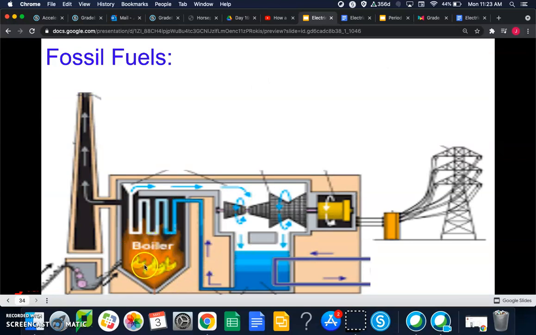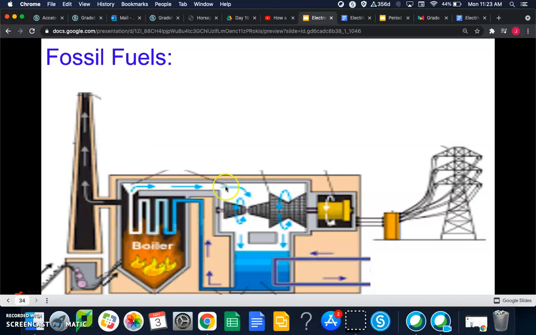We've got the boiler. What happens is we feed fuel into the boiler, so either coal, petroleum, or natural gas, and that fuel is burned. The burned fuel heats up the water, turns it into steam.